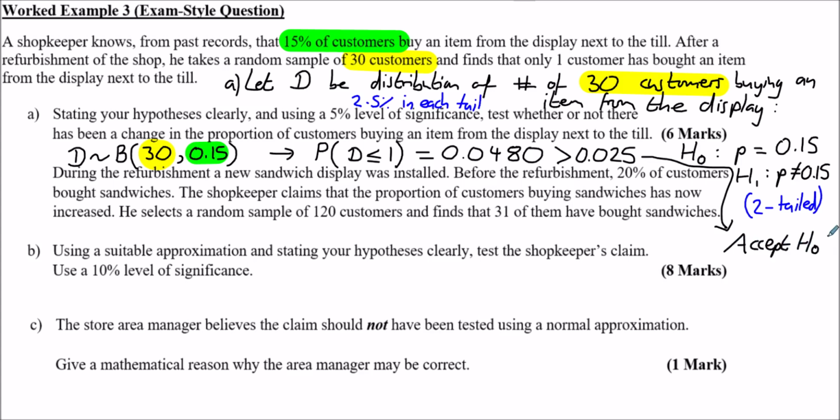In other words, there's no change in the proportion of customers buying an item from the display.